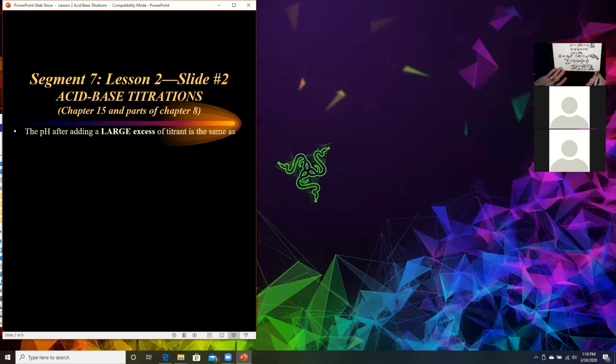And I'll remind you here, this has to be greater than 7, because anion hydrolysis produces a base. So when that anion hydrolyzes, it produces a base. So the pH at the equivalence point is going to be actually greater than 7 for weak acids.